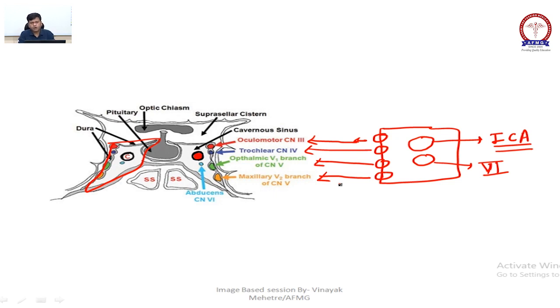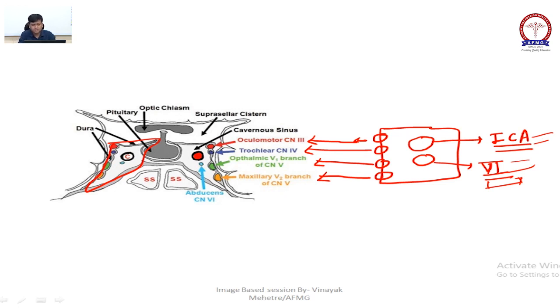Now there was one anatomy question. Structure passing through the cavernous sinus is, options will be third, fourth, fifth and sixth. The answer will be sixth. I am saying structure passing through the cavernous sinus. Either it will be sixth nerve or ICA or both, if A and B both are given.